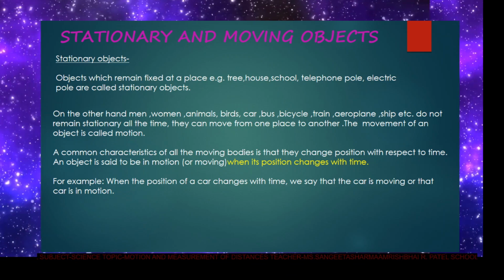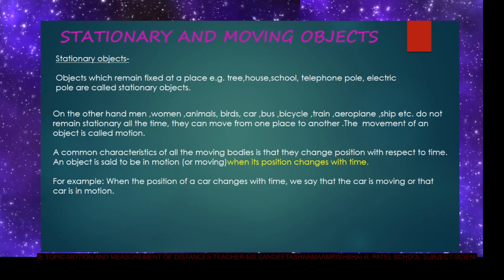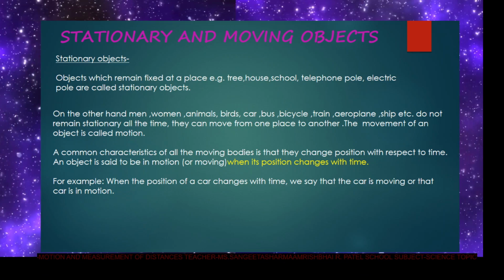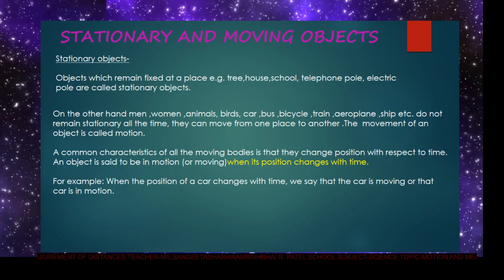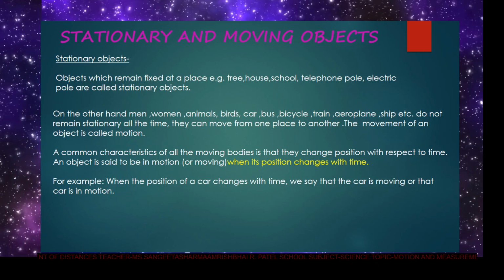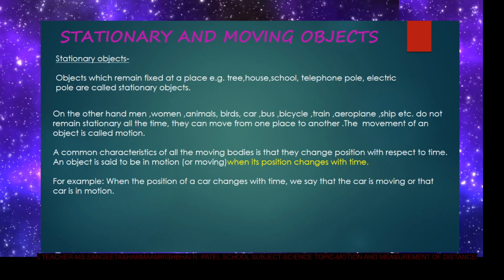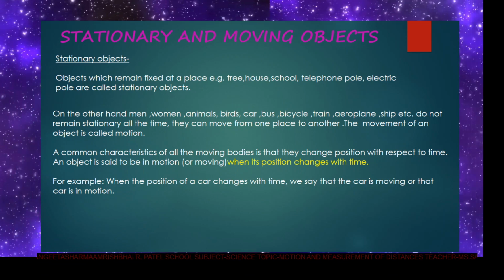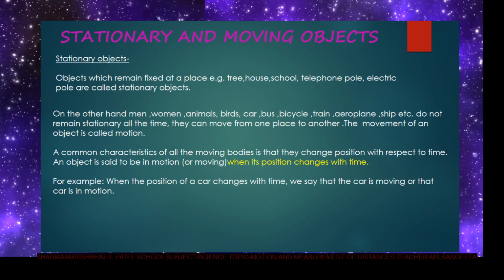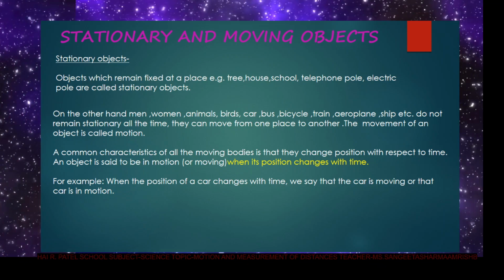As we have discussed earlier, when the car is outside your house, it remains at a fixed place. So we can say that the car is at rest. But when we are inside the car and driving it, the car is moving along with us. So we can say that the car is in motion, because now it is not outside your house.